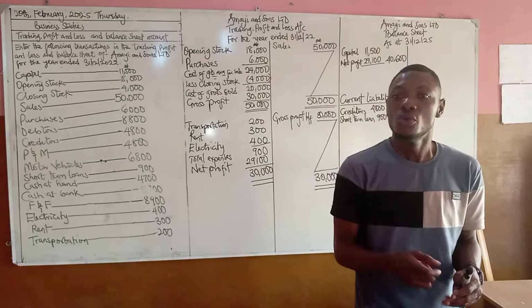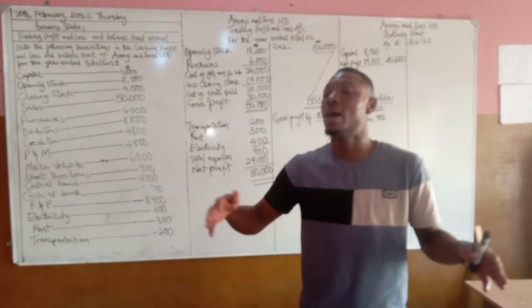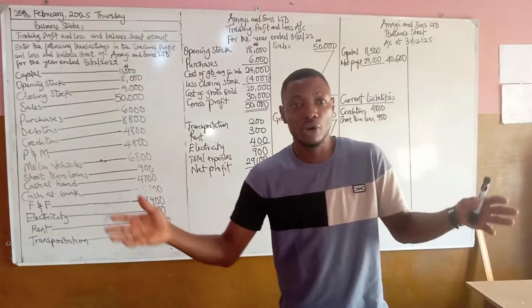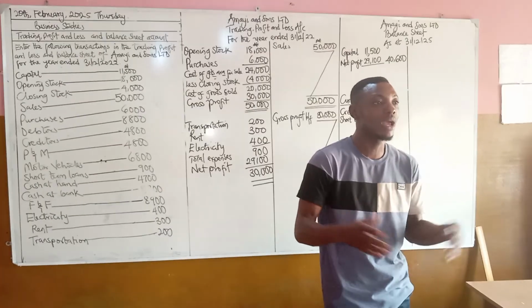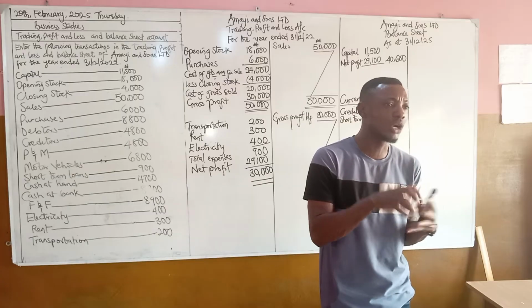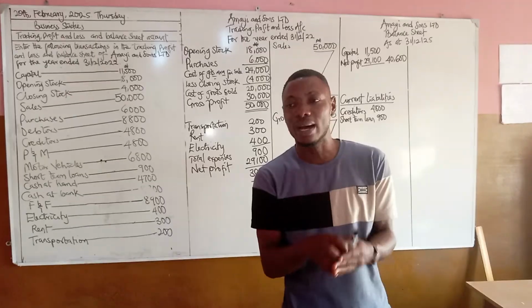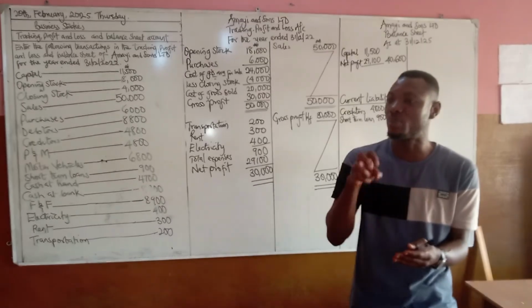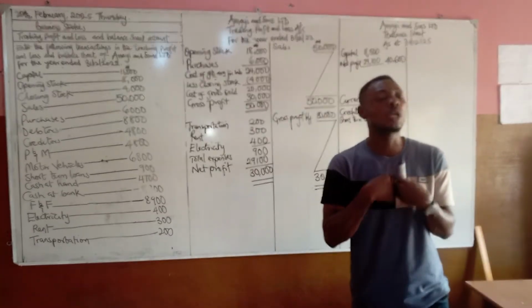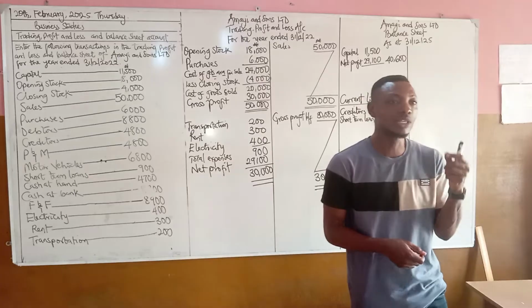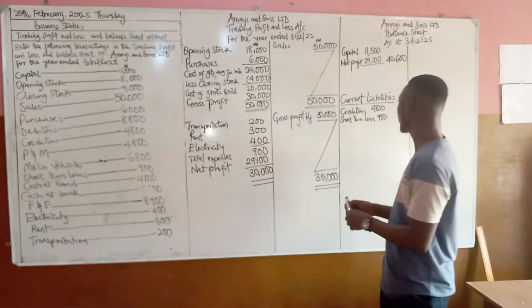You can pay back over a longer period of time, and because it's a longer period, you can also pay by installment. But in terms of short-term loan, you have to cover that loan within a very specific time. So it becomes a current liability. It becomes a current worry to you because it's something that you need to pay back.